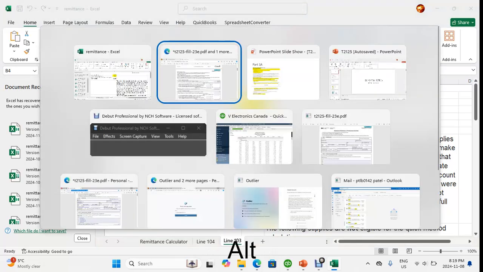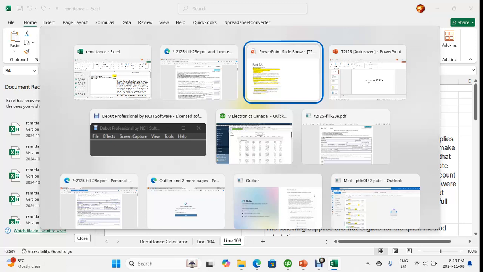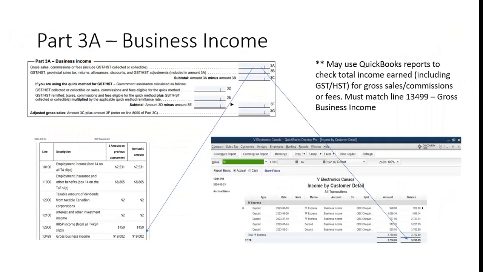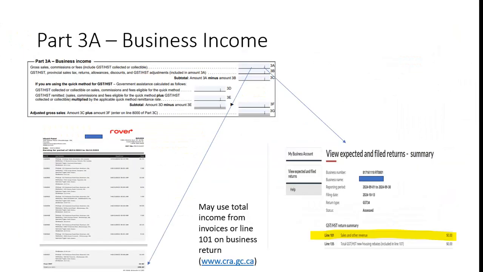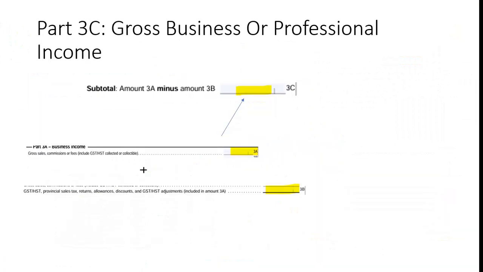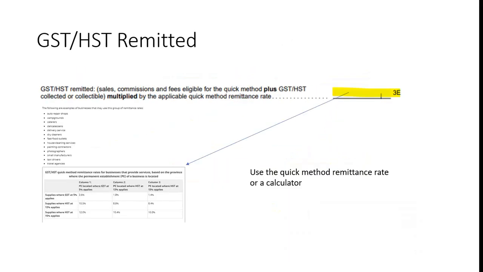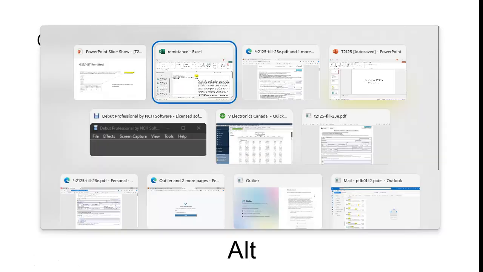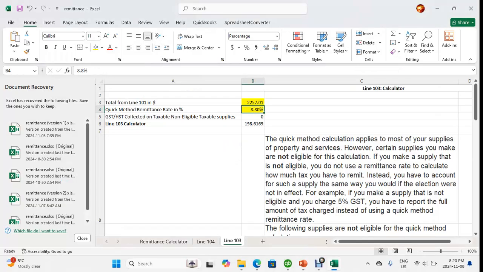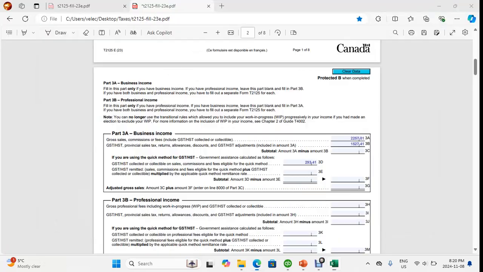For Ontario, this is 8.8. As you can see over here, GST/HST quick method remittance rate, supplies where HST at 13% applies, this is column 2, 8.8%. So you'll type in 8.8% down there.